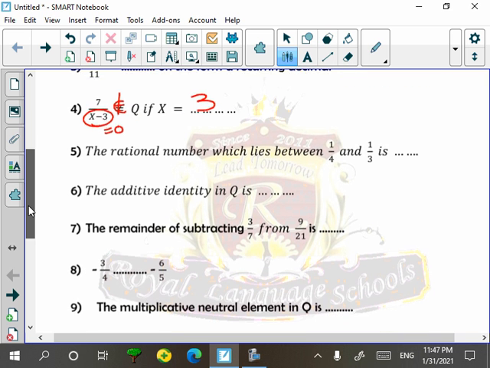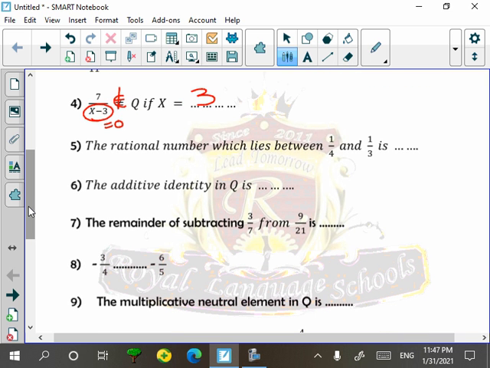Number 5: the rational number which lies between 1 over 4 and 1 over 3. All of us know that 1 over 3 is greater than 1 over 4, so 1 over 3 is the greater and 1 over 4 is the smallest.